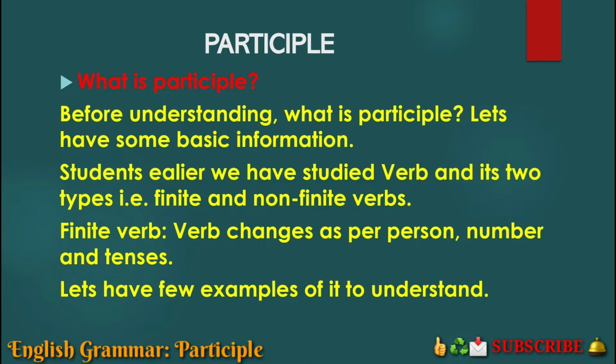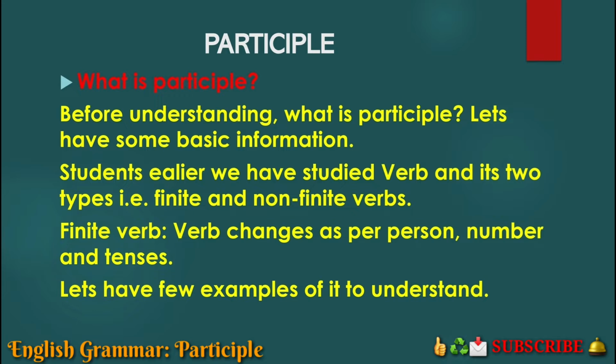Okay students, now let me tell you about finite verb. What is finite verb? A verb that changes as per person, number or tense in the sentence. Here we see that the verb changes according to person.